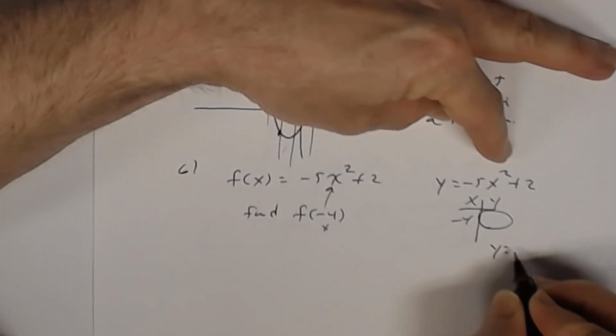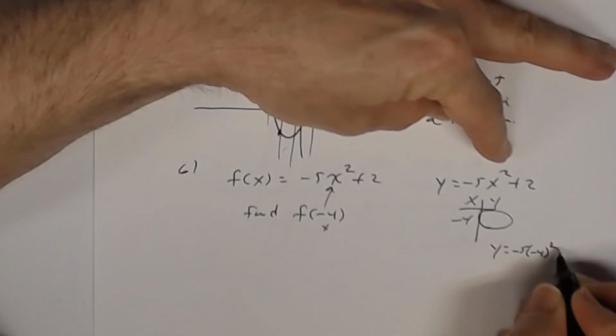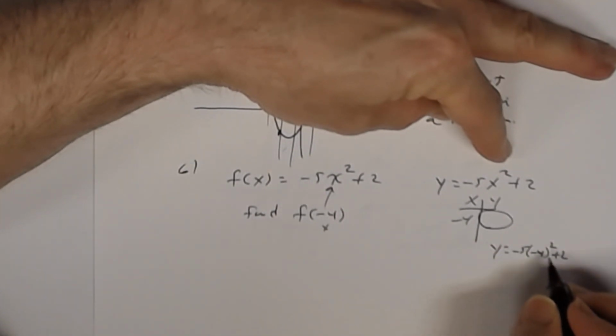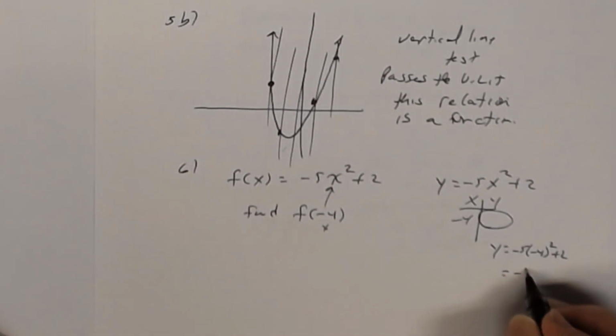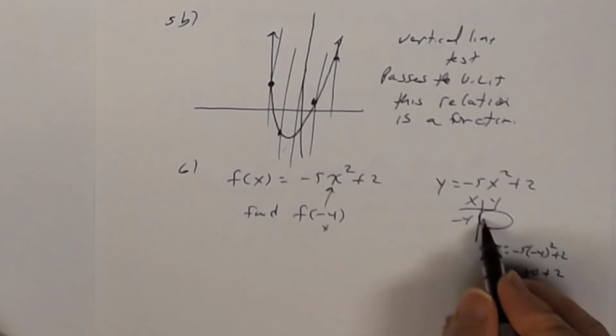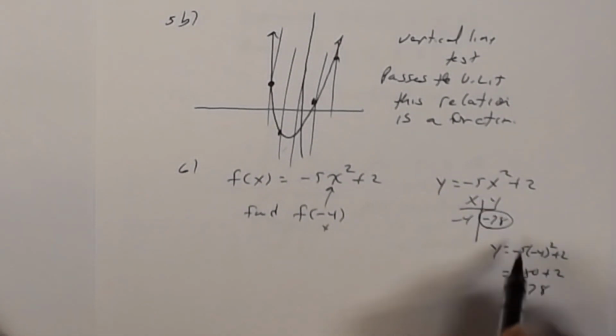So I get y equals negative 5 times negative 4 squared plus 2, right? You remember all that? Negative 4 squared is 16, and 16 times a negative 5 gives me a negative 80, and a negative 80 plus 2 is a negative 78. That's what you did in the past.